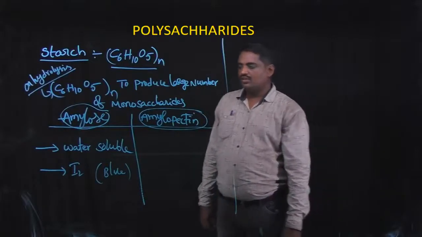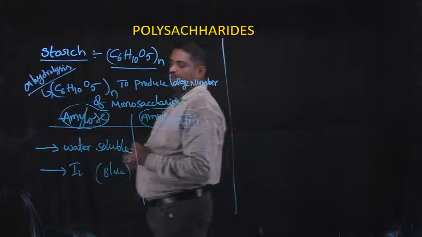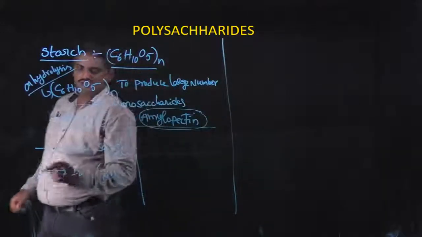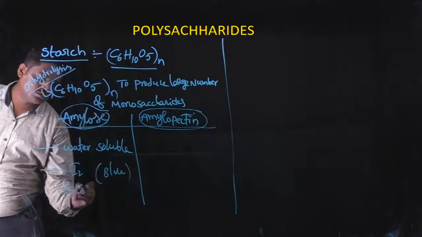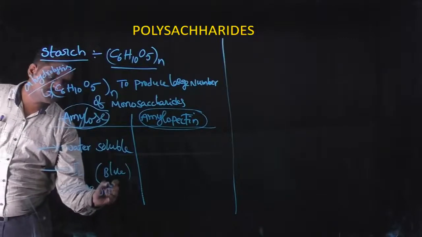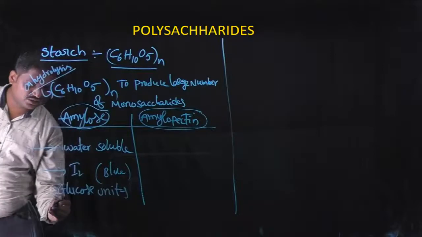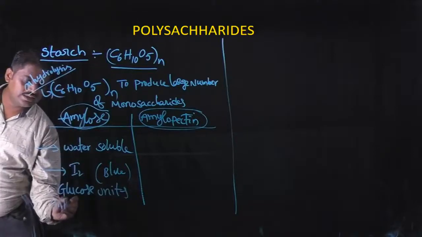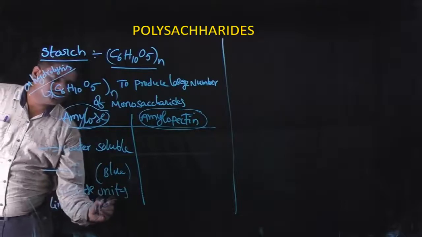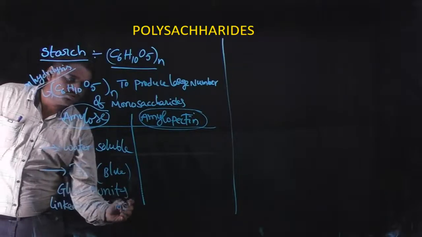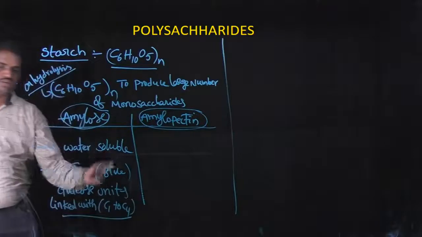Okay, so the D-glucose units are linked with C1 to C4 units.